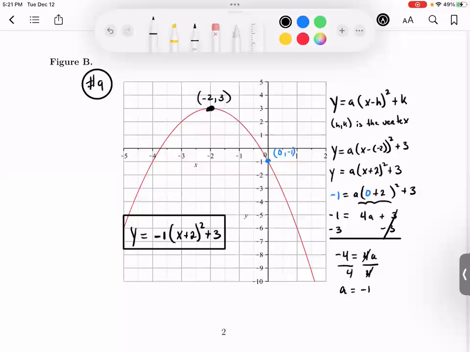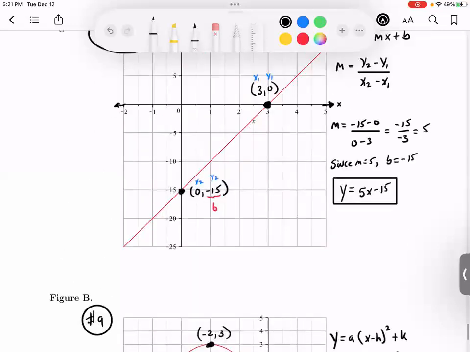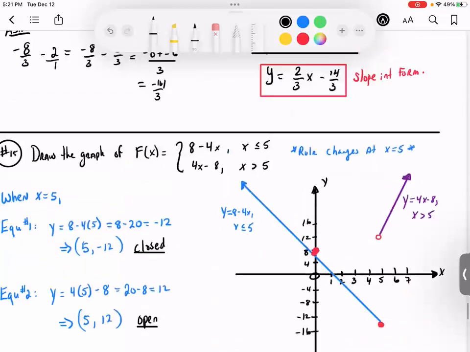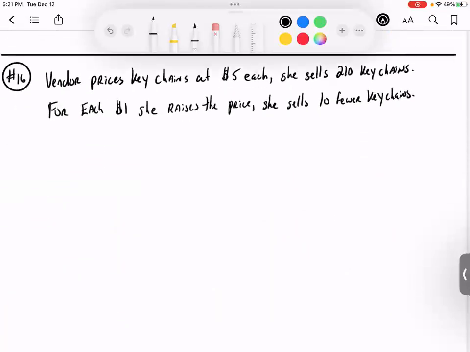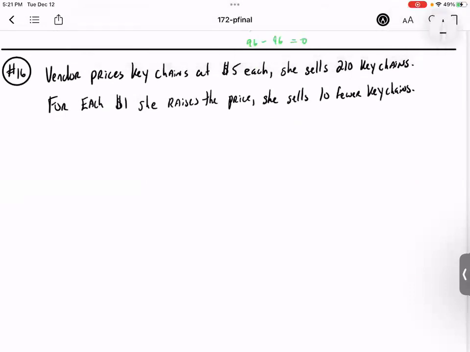Okay. There's one more problem that requires you to know about quadratic functions, and that's the word problem. That is number 16. So number 16 states, basically, that a vendor prices keychains at $5 each. She sells 210 keychains.